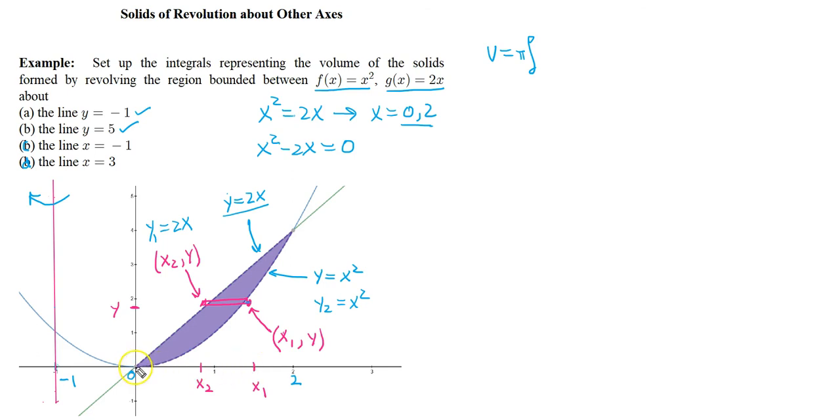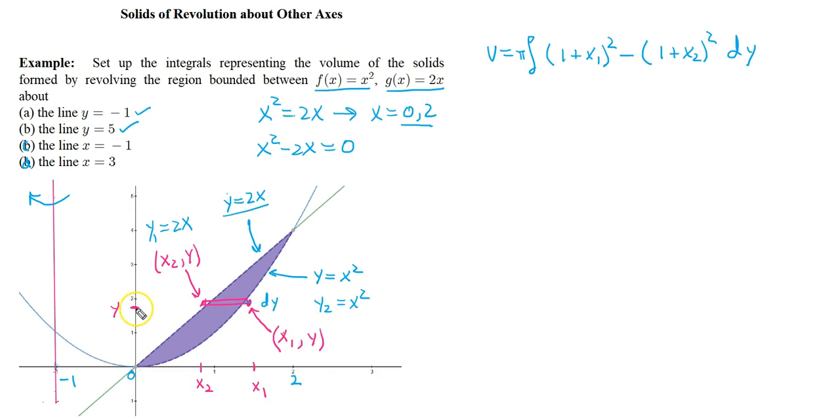See that? x1 is the distance from here to here, and the distance from our axis of rotation to the origin is 1, 1 plus x1, minus the inner radius. All right, now that's going to be 1 plus x2. dy, because the thickness of this little rectangle right here is a dy, right? Thickness is being measured with respect to the y-axis.